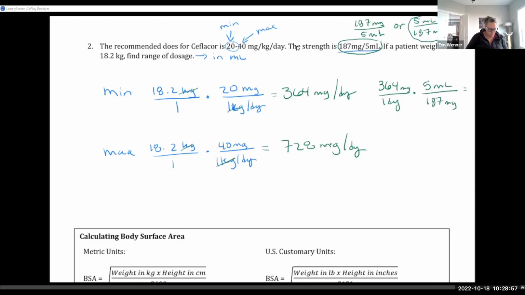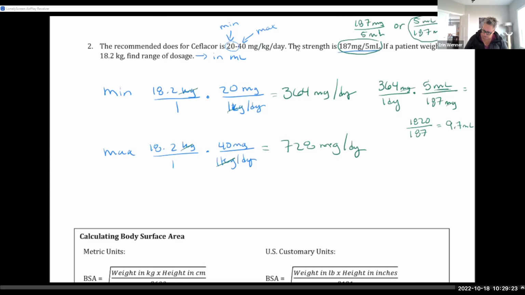Multiplying through, we're going to have 364 times 5, which gives us 1,820 divided by 187, which gives us 9.7 milliliters approximately. Because our milligrams are canceling, we get an answer in milliliters.